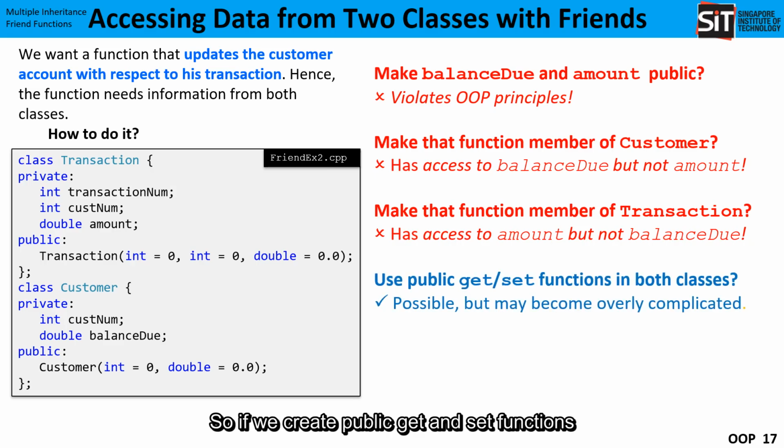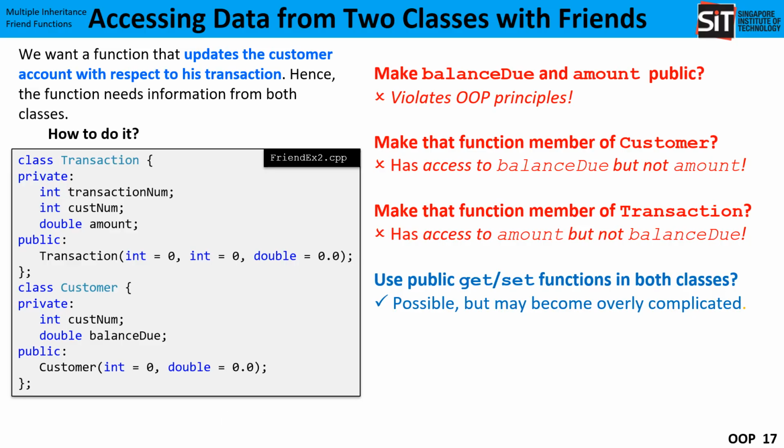So if we create public gets and sets functions for both the customer and transaction classes, we can access and alter their private data fields in a controlled manner. Now this is the approach we almost always will take because it supports the object-oriented principle of data hiding and encapsulation. In this case, this is possible, but it may become overly complicated.